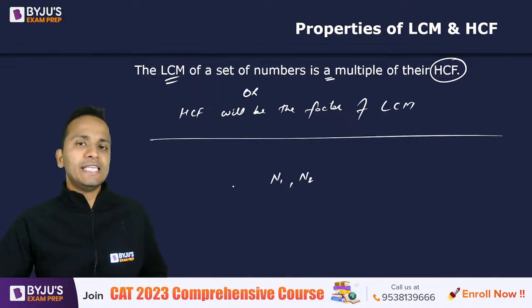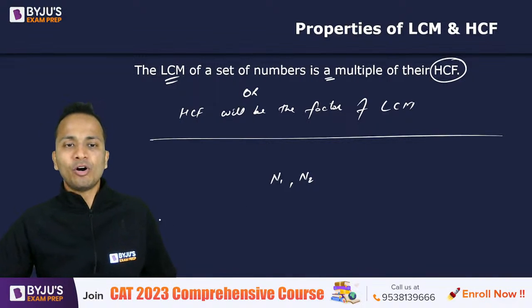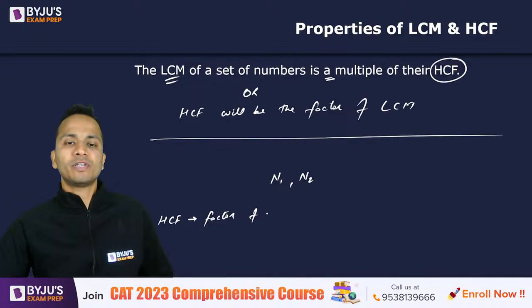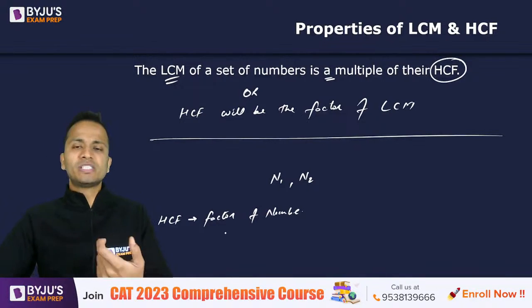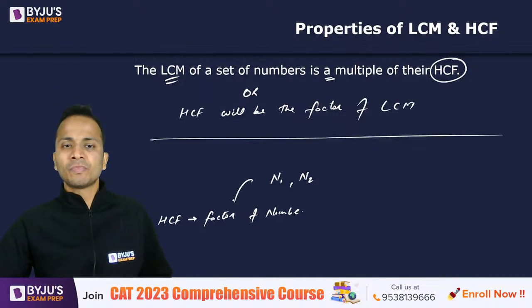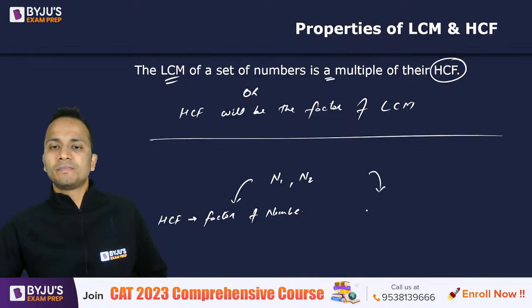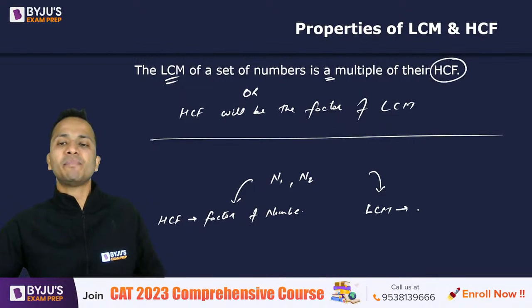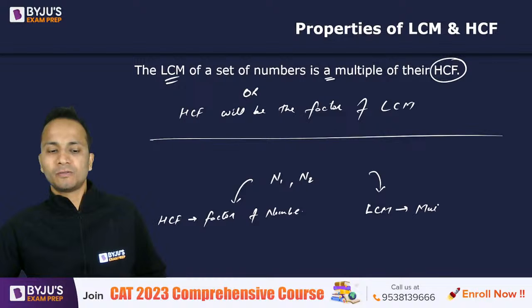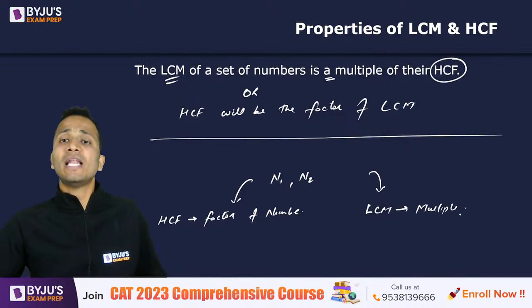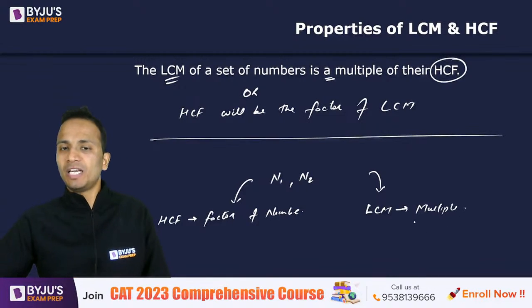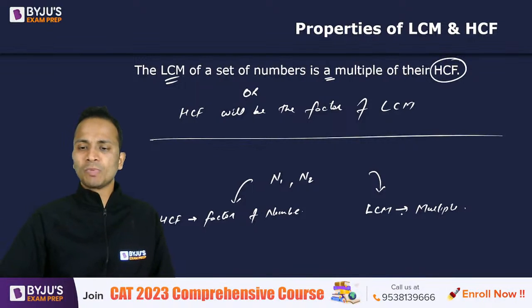Now what is HCF? The HCF of the numbers is the factor of the numbers. Okay, highest common factor hai, so it's the factor of the numbers, right? Now what is LCM? LCM is basically the multiples of the numbers. So it's the largest, oh sorry, it's the least multiple. So it's a multiple. Fine.